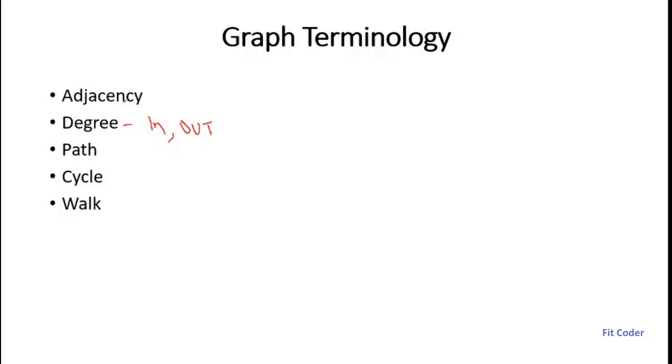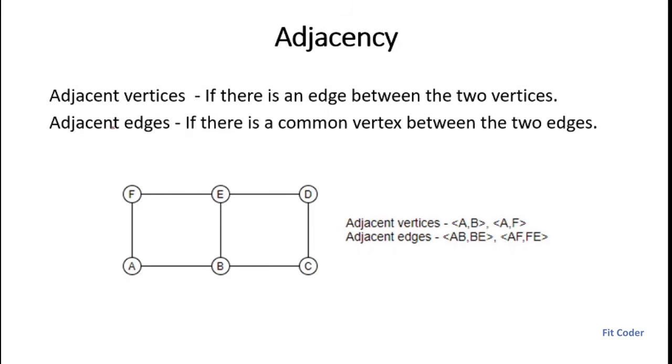Let's start with adjacency. When we talk about adjacency, we should know whether we are talking about vertices or edges. This graph has both adjacent vertices and adjacent edges. Adjacent vertices are those vertices which have an edge connecting them. If someone asks which are the adjacent vertices in this graph, we can see there's an edge from A to B, and A to F, so these are adjacent vertices.